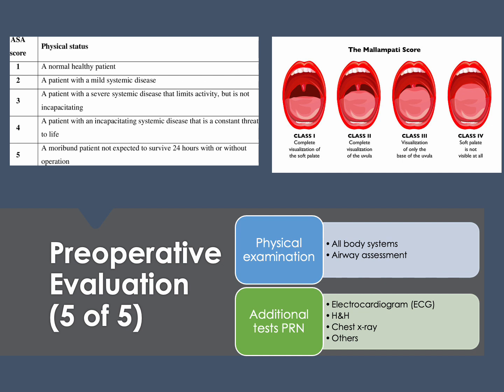And some of those additional tests may include an EKG, pulmonary function studies, hemoglobin and hematocrit, coagulation studies, chemistry panels, and chest x-ray. This is by no means a comprehensive list. Other tests may be ordered as seen fit by the anesthesia care provider.